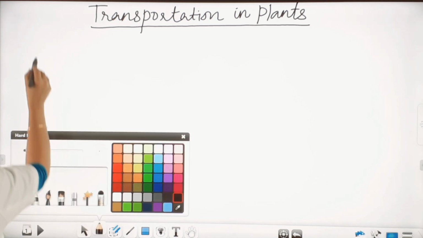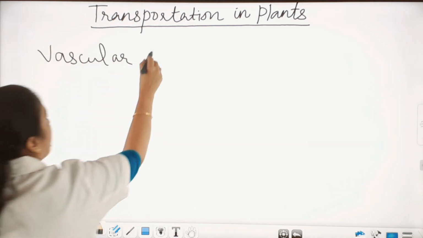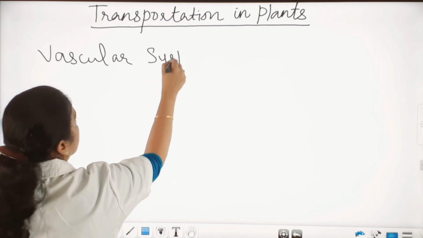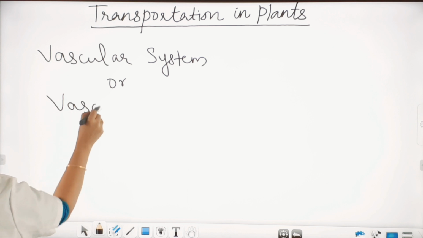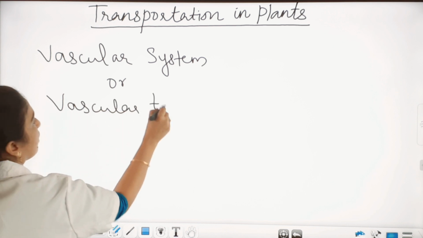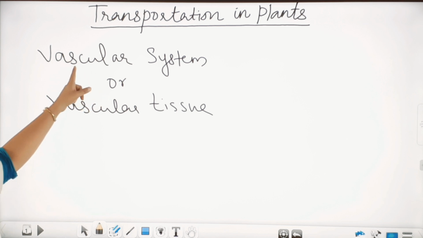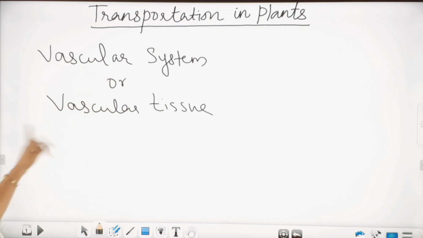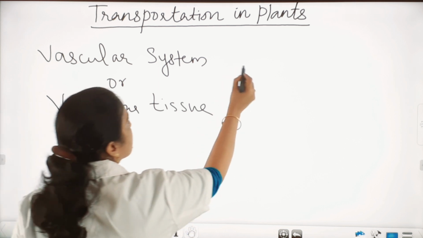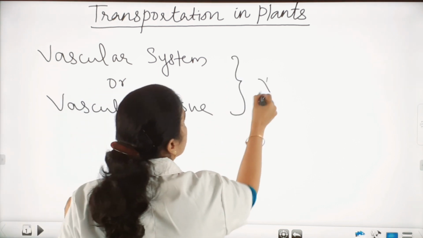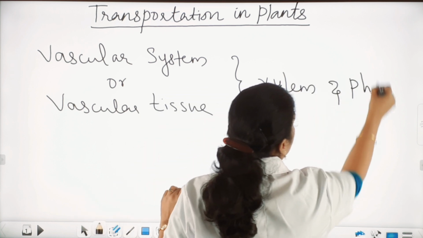In the transportation system, the plants have vascular system or vascular tissue. The transportation system in plants is also known as vascular system or vascular tissue. The vascular system consists of xylem and phloem.